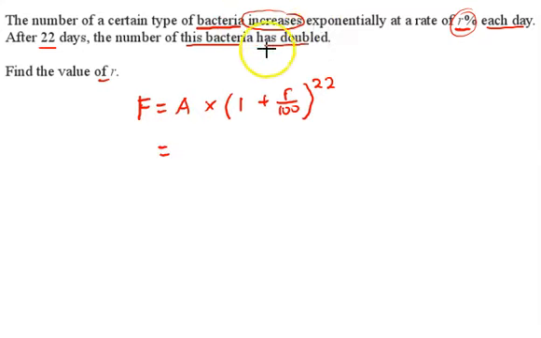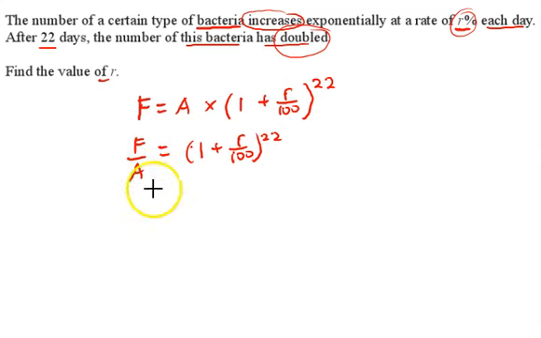Since they have mentioned doubled, we divide first. So this is the working. When we divide, we get a 2. It's like 10 equals 5 times something, so the 5 will move over, and we get 10 over 5, which is 2.